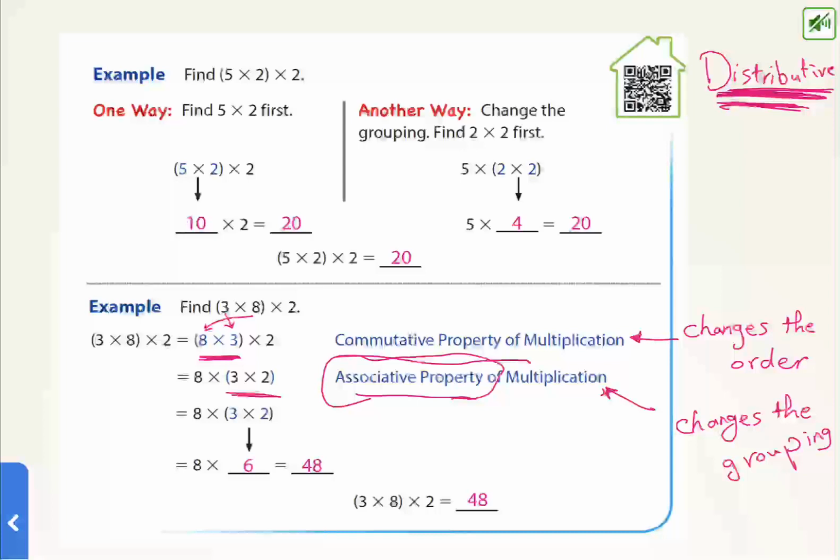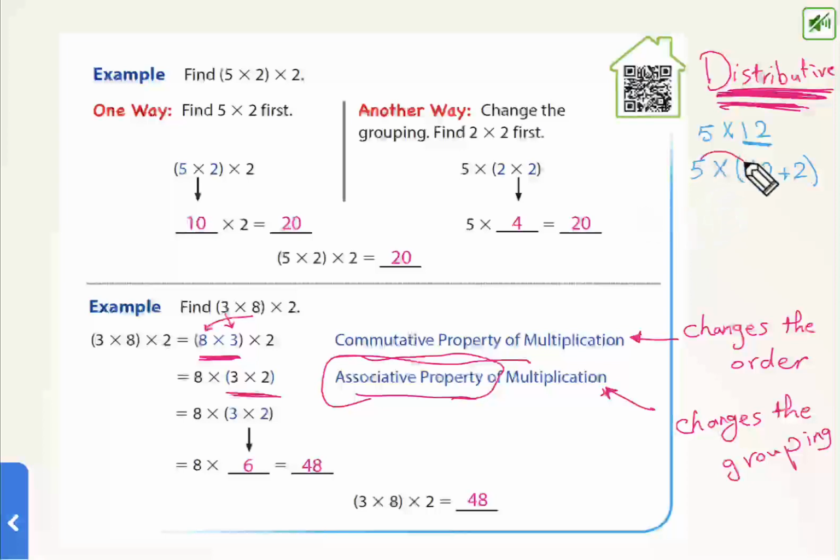You mean breaking one of the factors, right? Yeah. That's right. Okay, so for example, if we are multiplying 5 multiplied by 12, we can rewrite this 12 as 10 plus 2. So in the next step, we will use the distributive property. How do we use the distributive property?